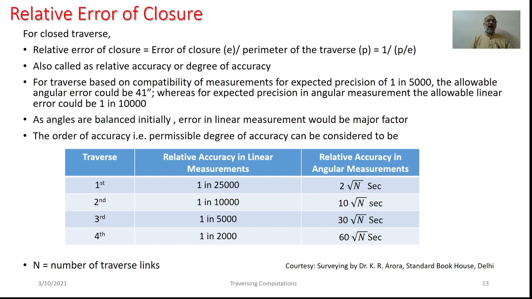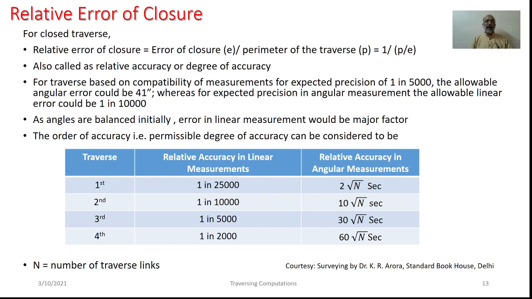In our earlier presentations, we also got acquainted with the compatibility of the measurements. So, we know that for any traverse, we have to have the methods chosen such that linear methods would be compatible with the selected angle measurement methods and vice versa.